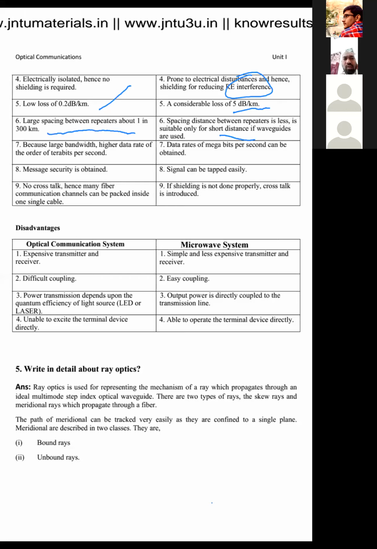Now here there is a larger data rate in terms of gigabits per second or terabits per second. The data rates in microwave systems are in megabits per second.